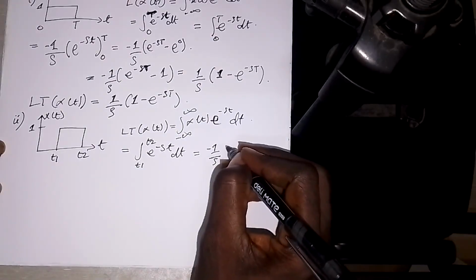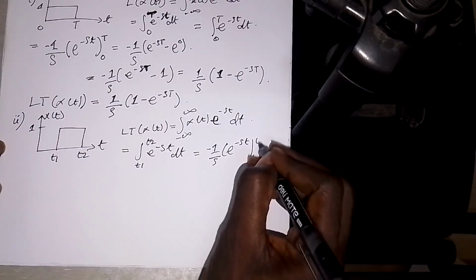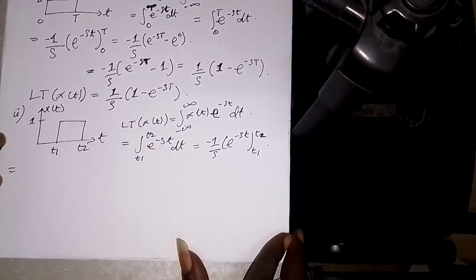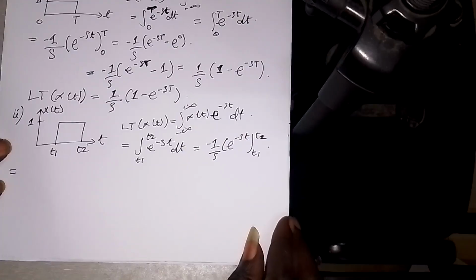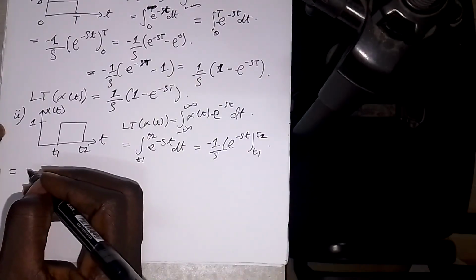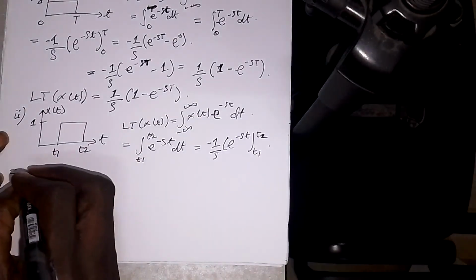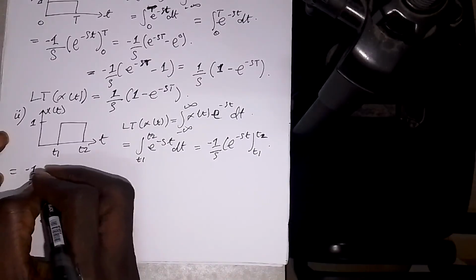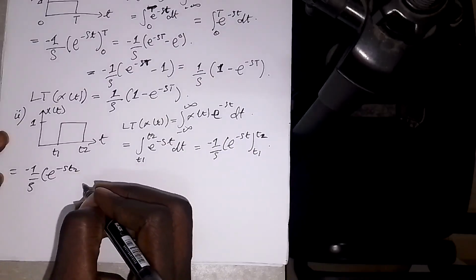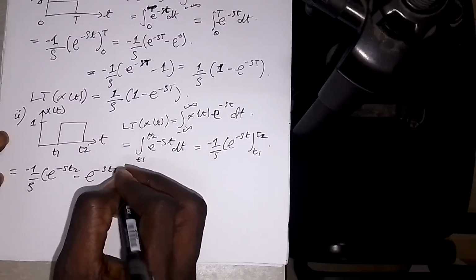Now if I integrate this, I'll get minus 1 over s times e to the minus st, with limits T1 and T2. That's what I get. Now if I move further and introduce the limits into the function, I'm going to have minus 1 over s times e to the minus sT2 minus e to the minus sT1.